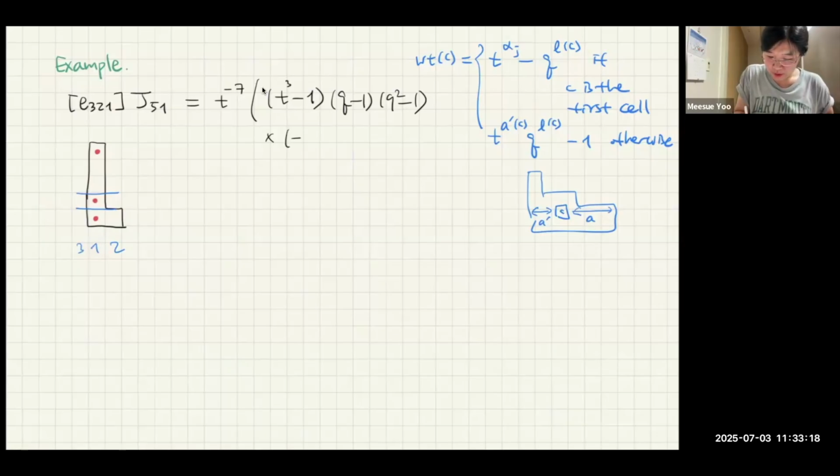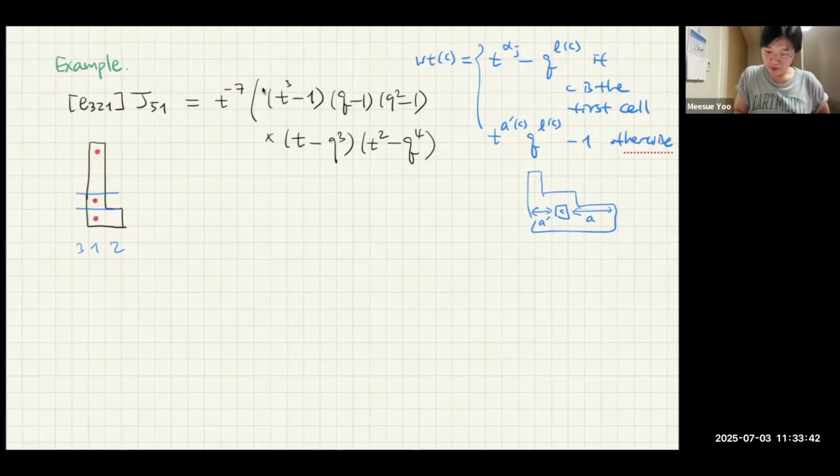So it's going to be t minus q cubed, because the leg is 3. And then for this cell, it's t squared, because the size of this part is 2, minus q to the 4, because the leg is 4.